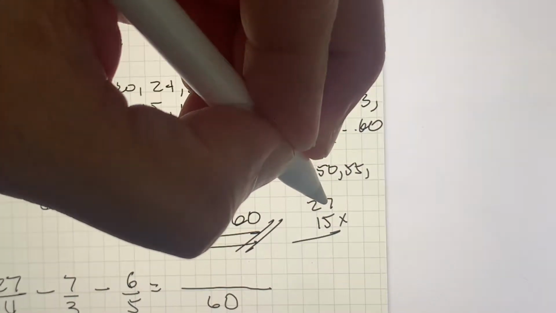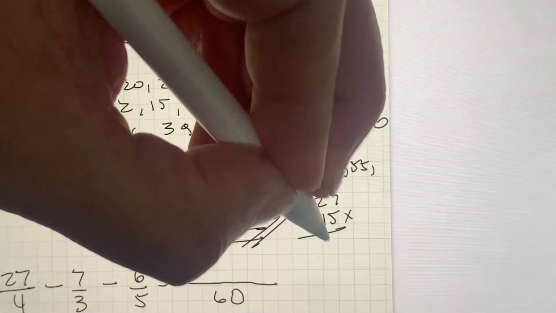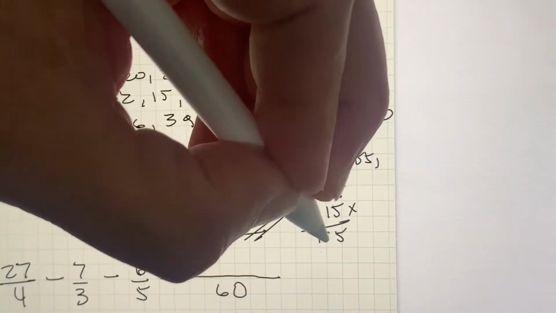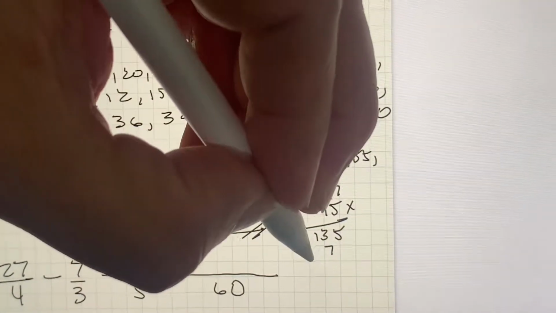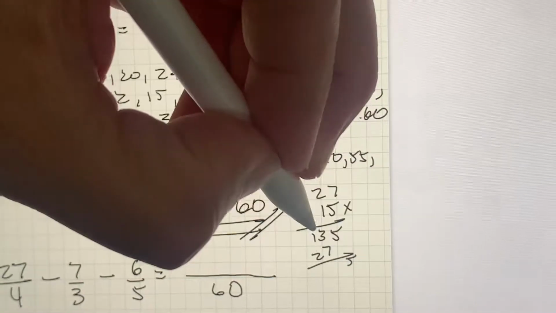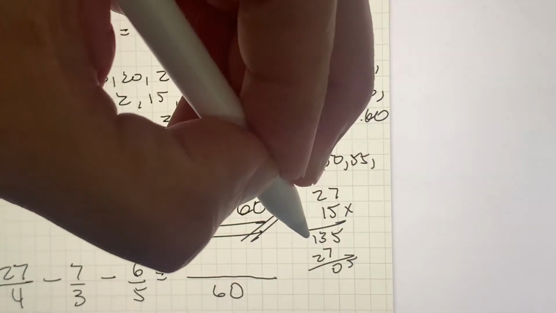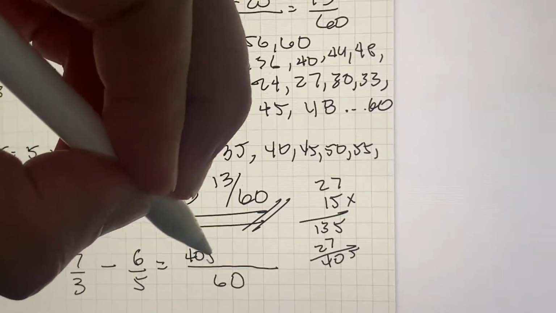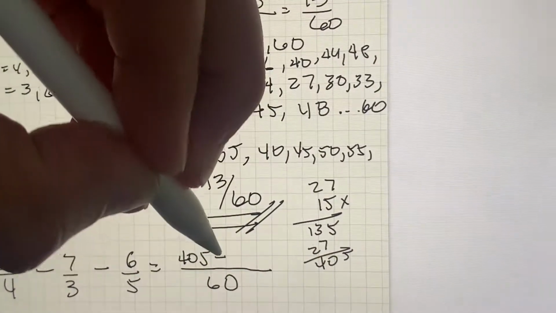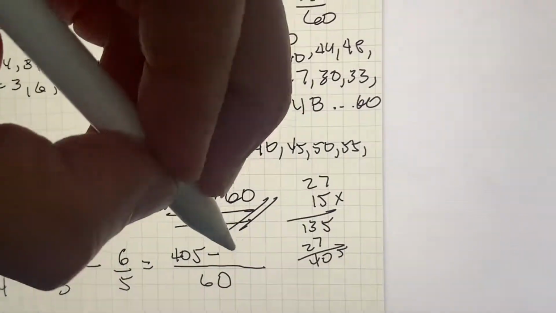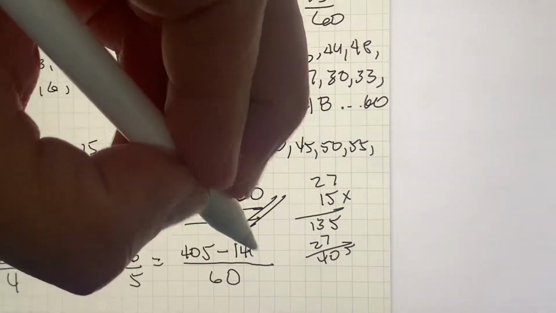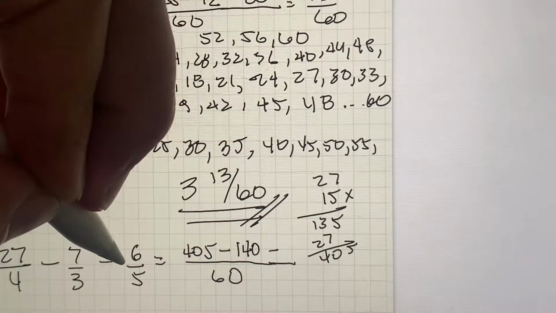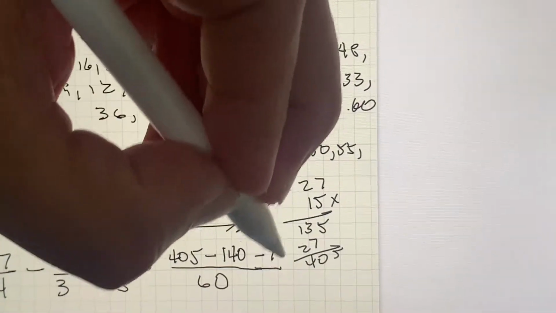7 times 5 is 35, 7 times 1 is 7, 10, 13, you carry 1, 405. So it's 405, then minus 60 divided by 3 is 20, that's 140, minus 60 divided by 5 is 12, times 6 is 72.